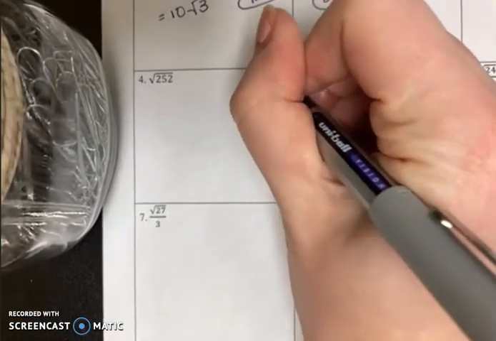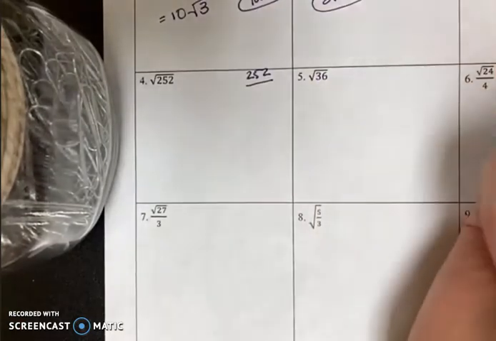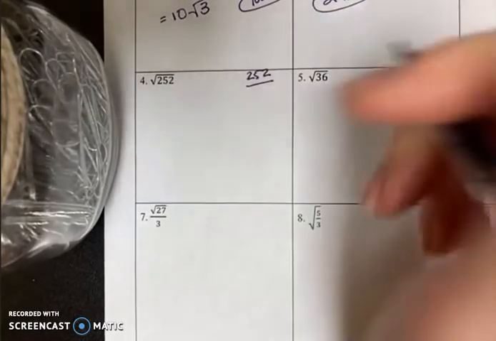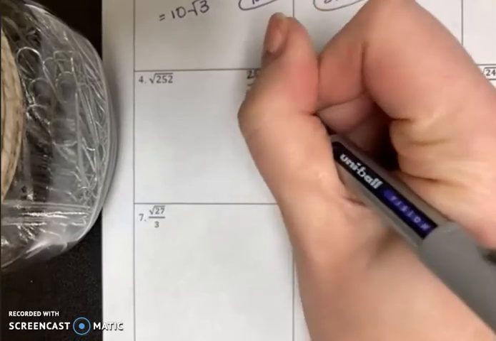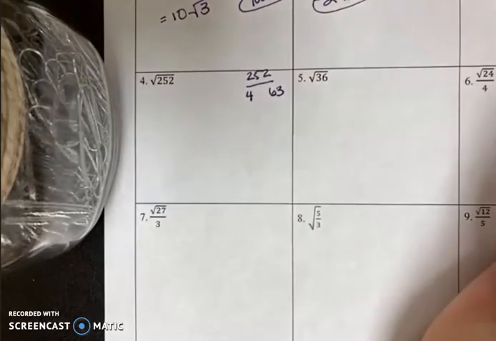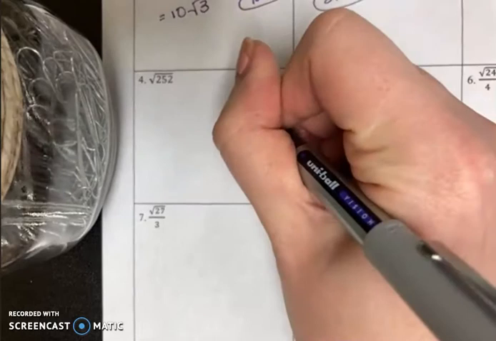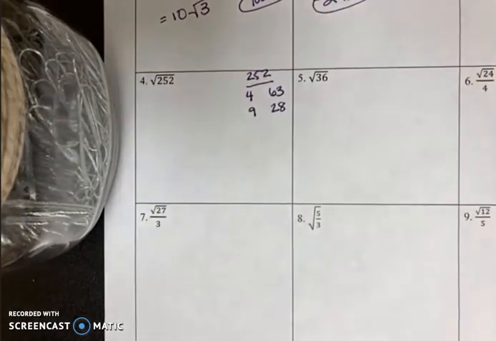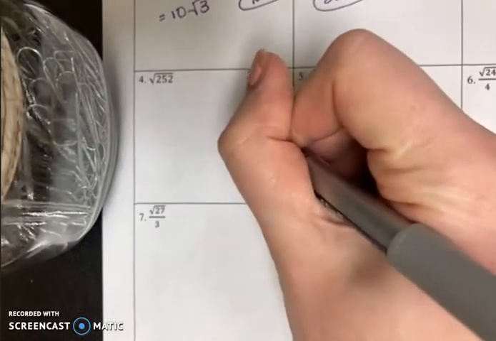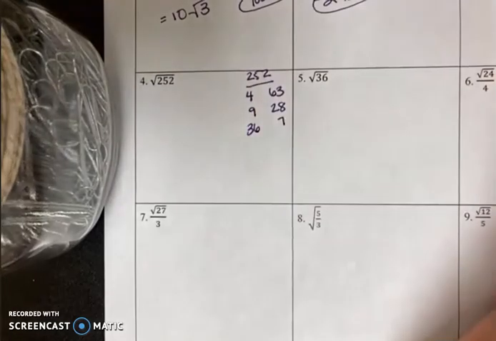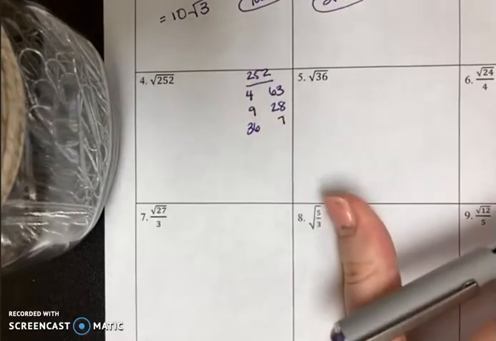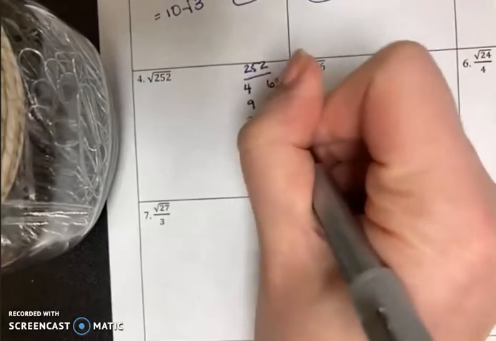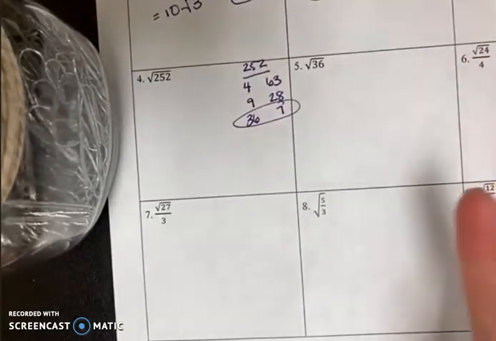So if I'm thinking about 252, well, obviously, 1 always works, but that doesn't help, so I'm just not even going to write it. 4 and 63 will give me 252. 9 and 28 will give me 252. 16 doesn't work. 25 doesn't work. 36 times 7 would work. Okay? So I want to use the biggest perfect square.